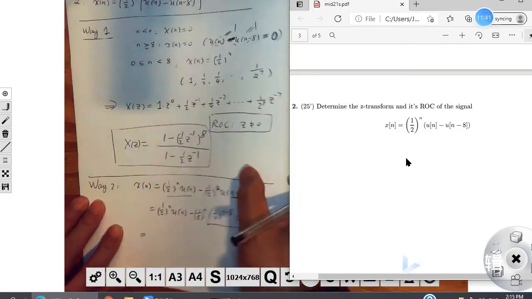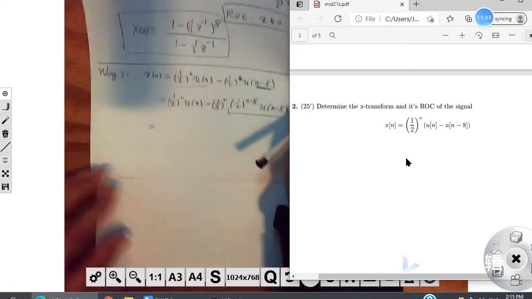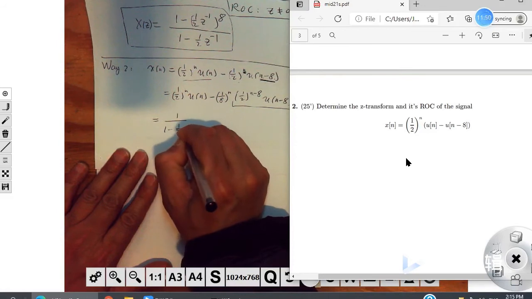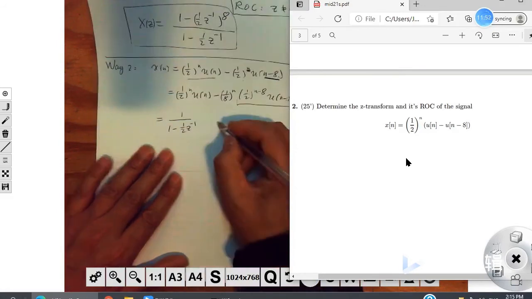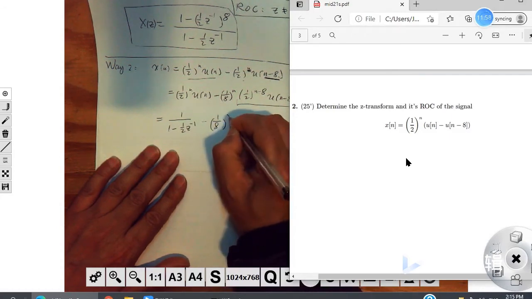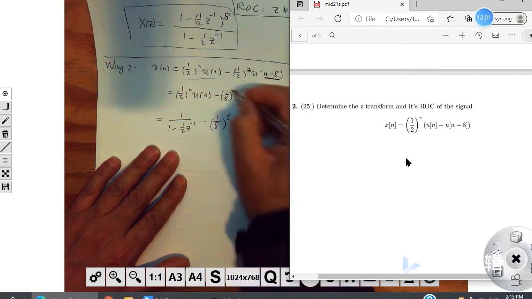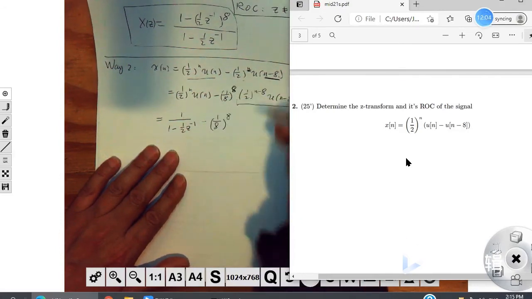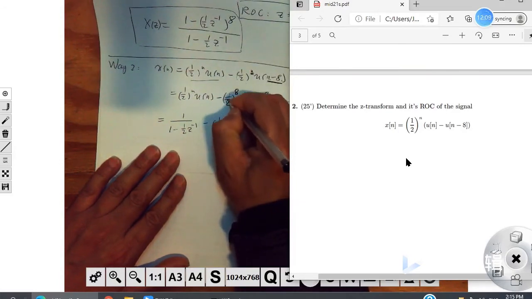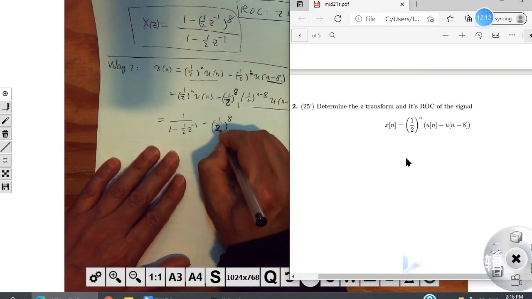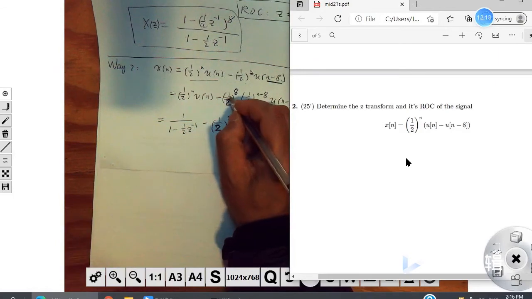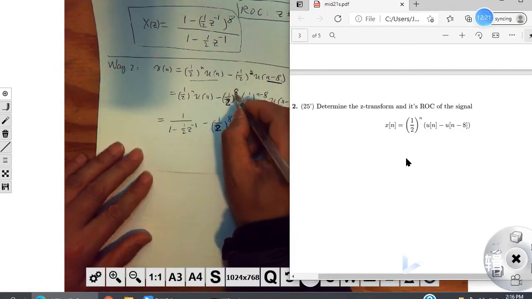The first one is 1 over 1 minus 1/2 z to negative 1, from the table directly. And the second one is 1 over 2 to the 8th. I'm sorry, I confused it here. I speak faster than my hand.